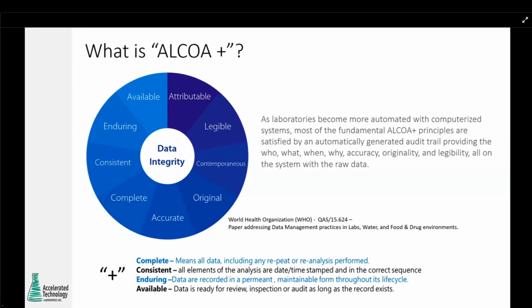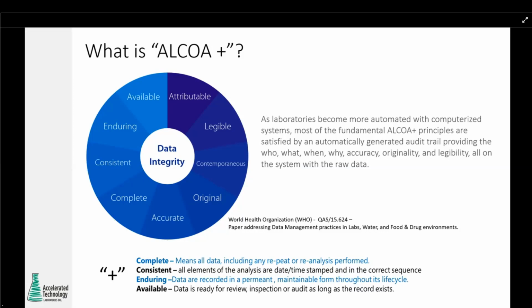Now, what is ALCOA Plus? We've heard of the first 5, ALCOA. Now, ALCOA Plus adds a few, actually 4 additional characteristics. Complete, it means that all the data, including any repeat or reanalysis performed, are included. It's consistent.